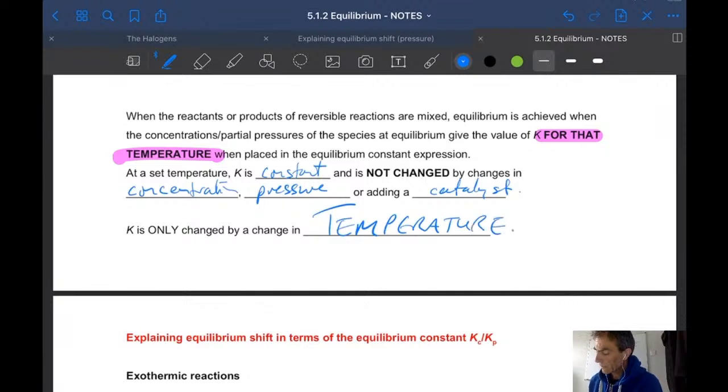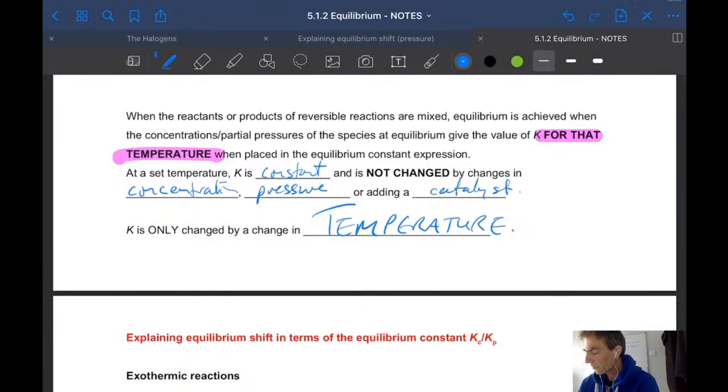So the system is in equilibrium when the partial pressures or the equilibrium concentrations give the K value for that temperature. I know when I teach this in class, you're checking students' faces for who looks a little bit confused, because this can be quite confusing.